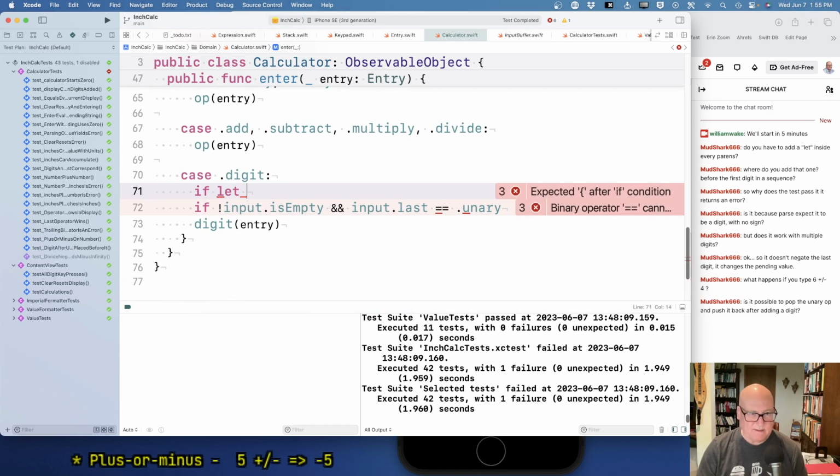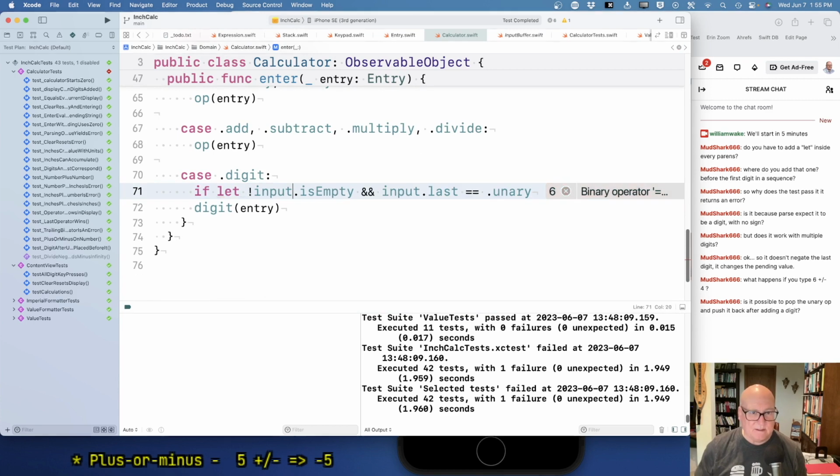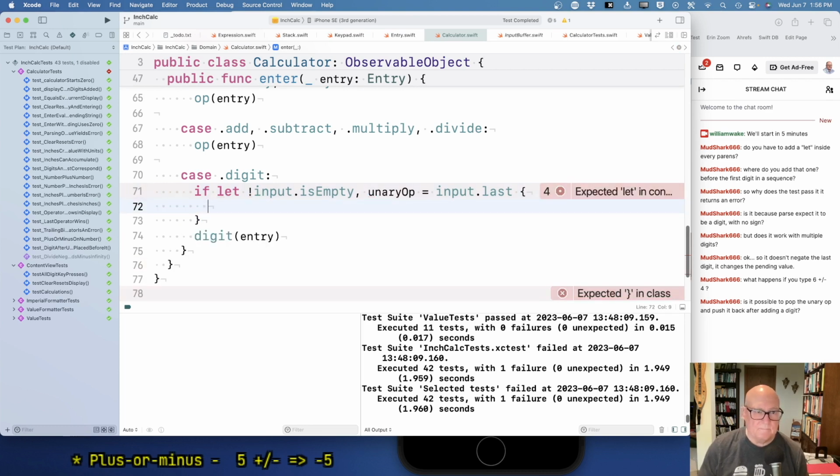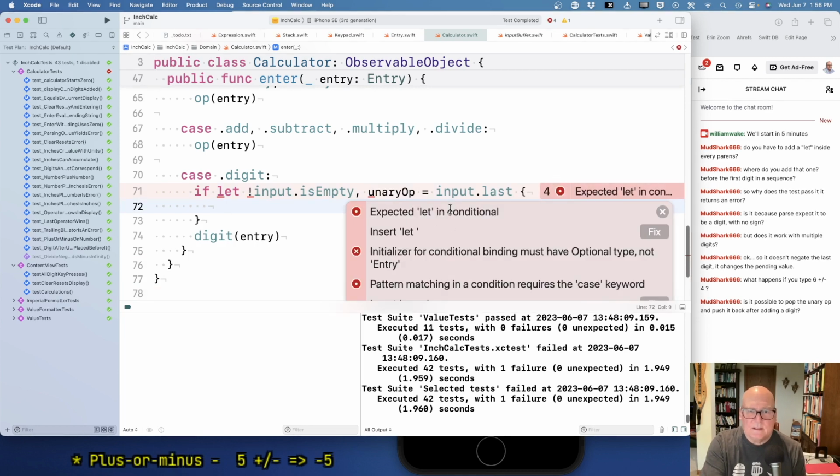I think I can say the same thing. If input is not empty, comma, unary op equals input dot last. Expected let and conditional insert let. Okay.